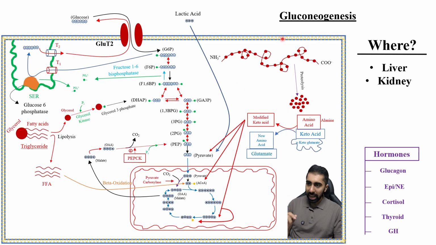These reactions mostly take place in the liver and then in the kidney, because, for example, muscles do not have many of these enzymes, fructose 1,6-bisphosphatase, PEPCK, or glucose 6-phosphatase, especially glucose 6-phosphatase, in order to produce glucose.